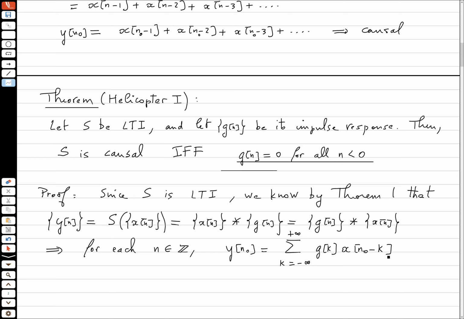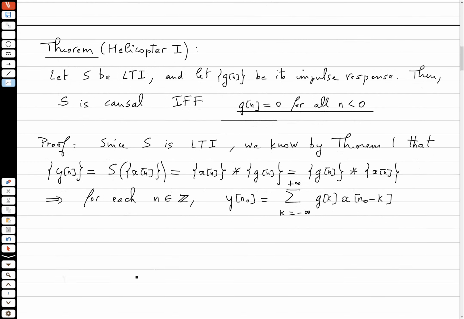All right, so far we use what we know about LTI system.